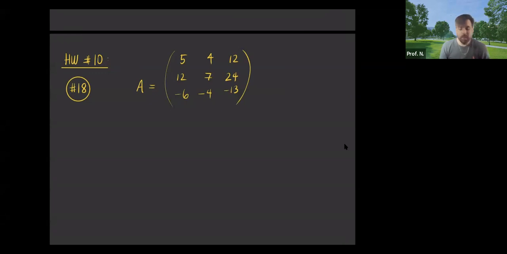So the procedure itself is straightforward. You have to find the eigenvalues, and then from the eigenvalues find the eigenvectors. The eigenvectors are the columns of P, and the diagonals are the eigenvalues of A. But the A that I see here looks a little crazy.